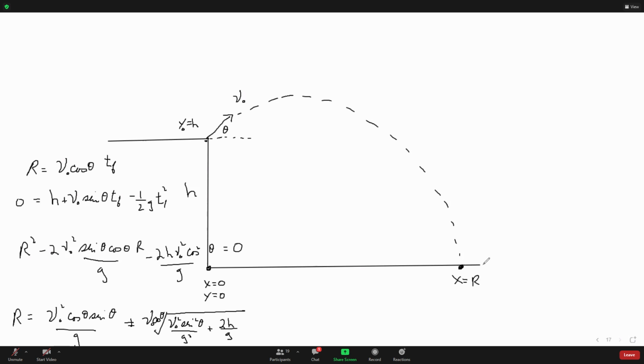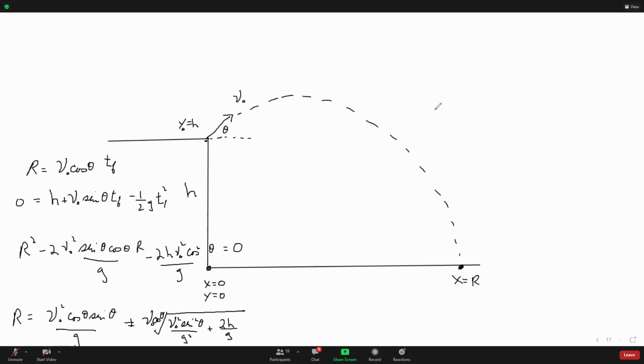Now, what does the negative sign solution represent? Anybody have any ideas? Well, it represents another value of X, which I've renamed R, another value of R where Y is equal to 0.